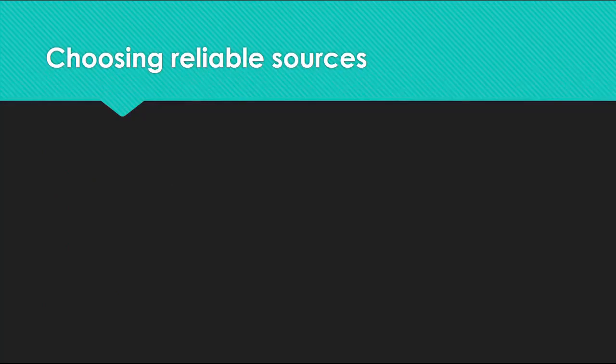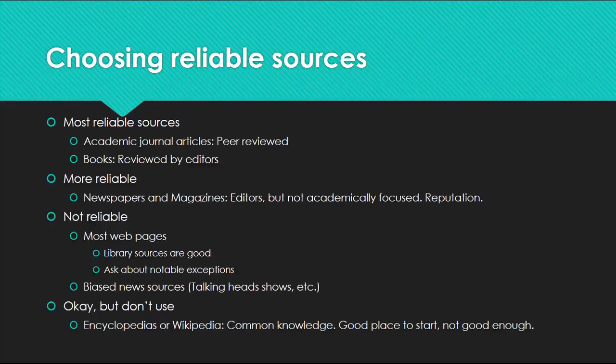Now let's talk about reliable sources. There are more reliable sources and there are bad sources. For academic writing on the college level, your most reliable sources are journal articles and books. And the reason why journal articles and books are the best is because of how they're processed.